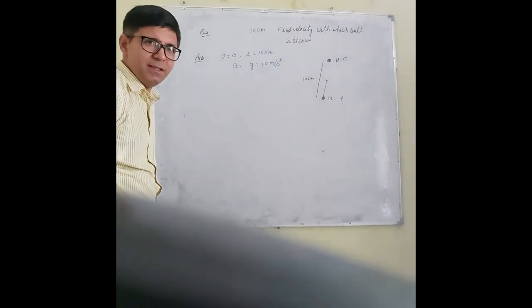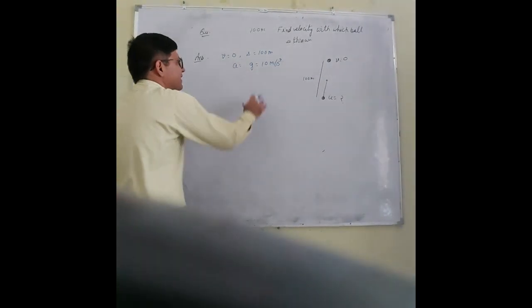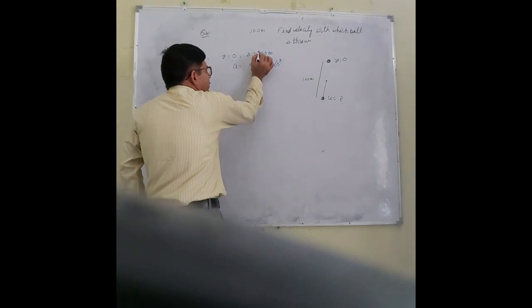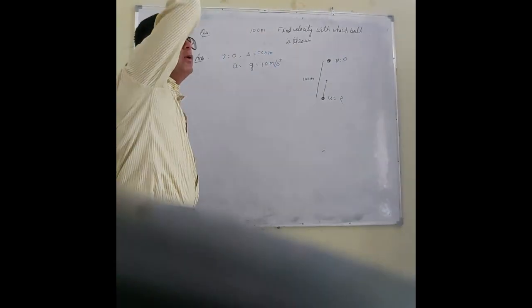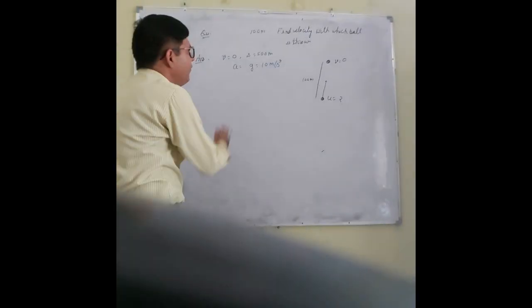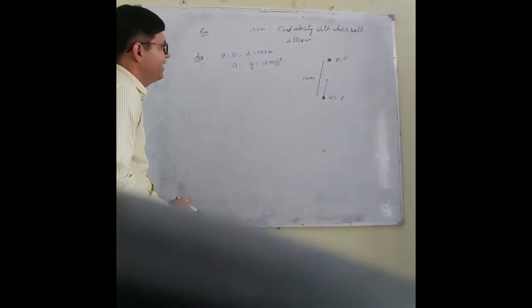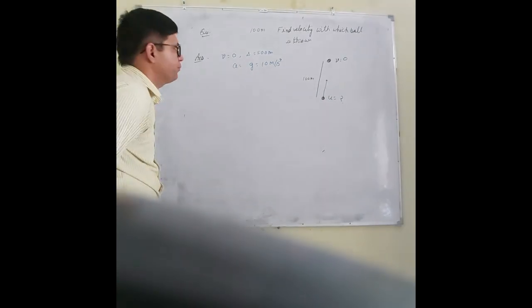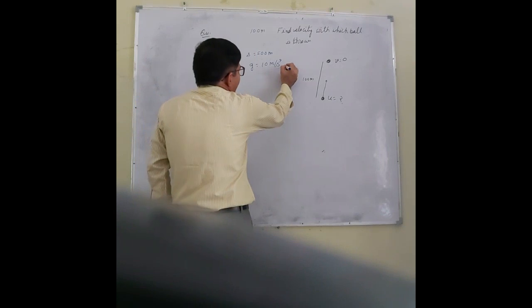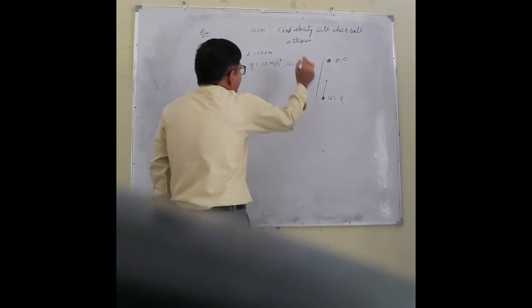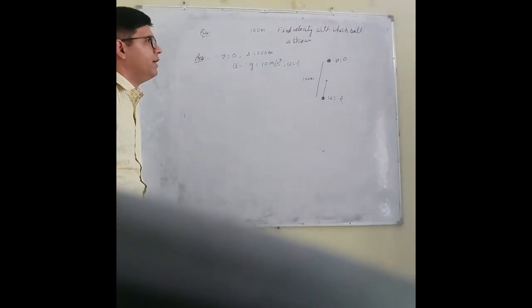You want some change? Okay, let me change this. I think you are so powerful that you can throw up to a height of 500 meter. Right? Now it's okay? 500 meter, and I have to calculate the velocity with which it is thrown.